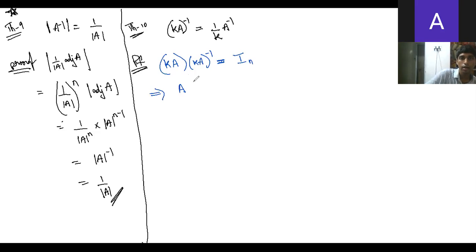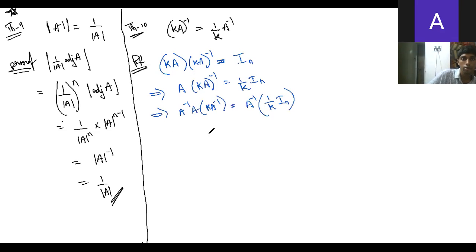Because it is a scalar, I am writing it this way: 1 by K times I. Next, I am multiplying with A inverse on both sides. So then this becomes, the inverse is outside, okay, be careful. Okay, fine.